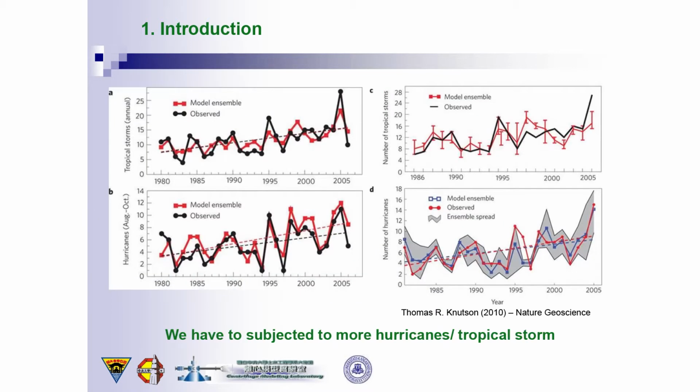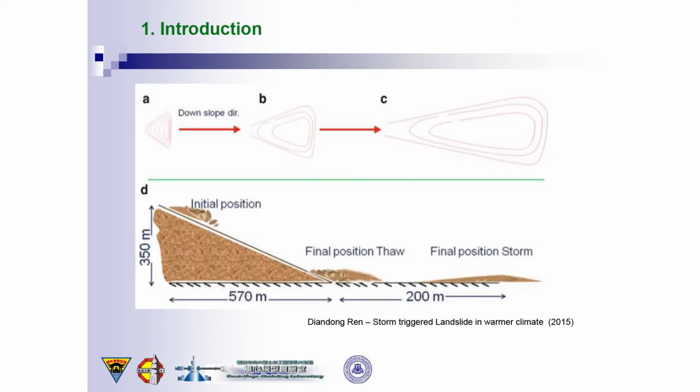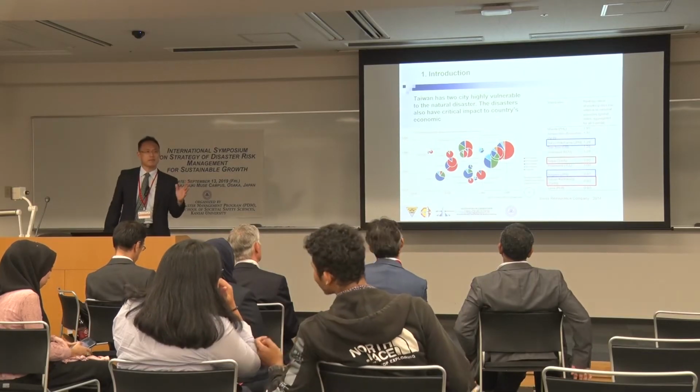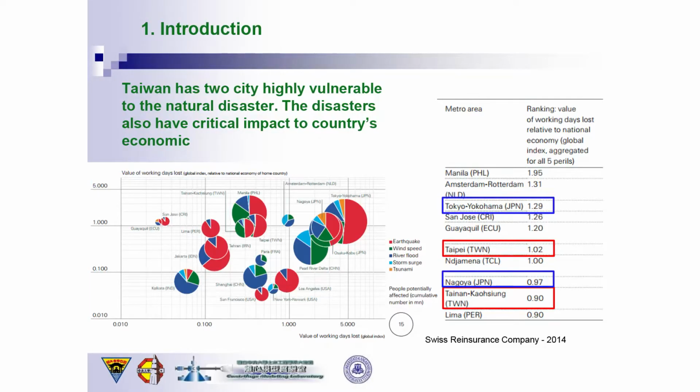And then we have more and more hurricanes, more and more typhoons. This is the dissipation of the energy of each disaster, and it increases with time. From past studies, we know that hurricanes or typhoons would trigger landslides. Among the top 10 most vulnerable cities around the world, there are 2 in Japan and 2 in Taiwan.